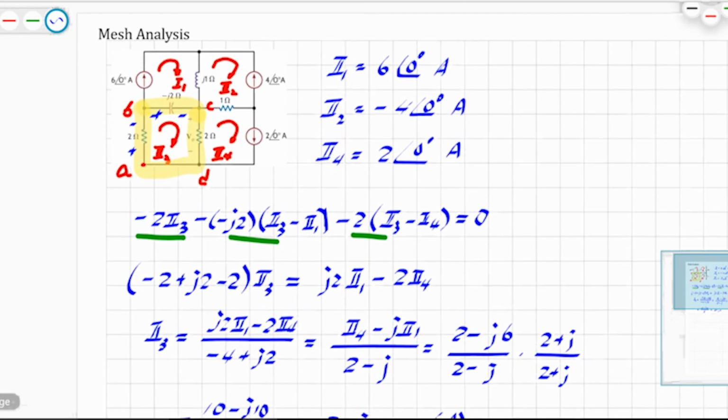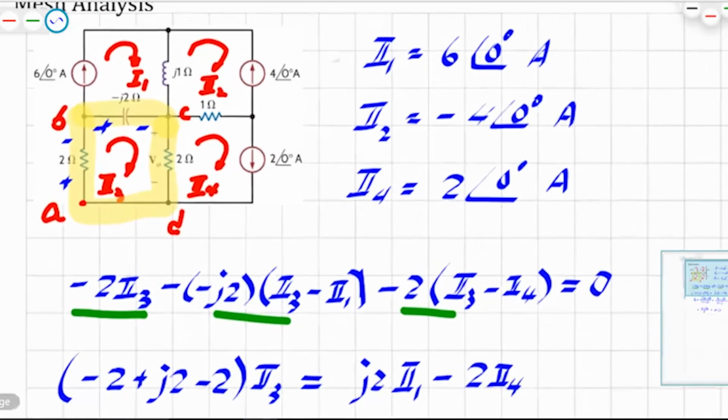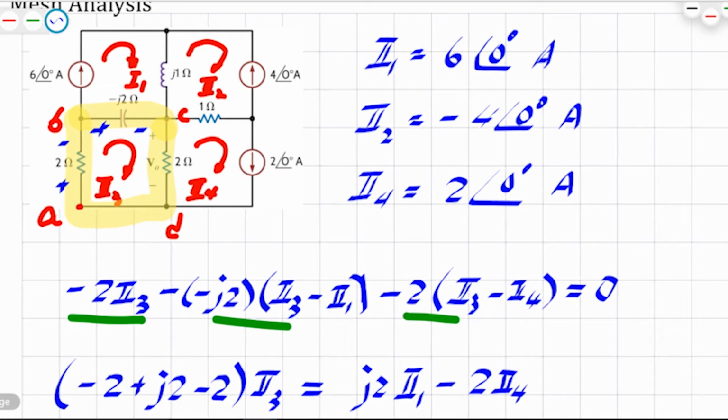Notice that the objective of this question is to find V0. And we realize V0 is right here, across the 2 ohm resistor.